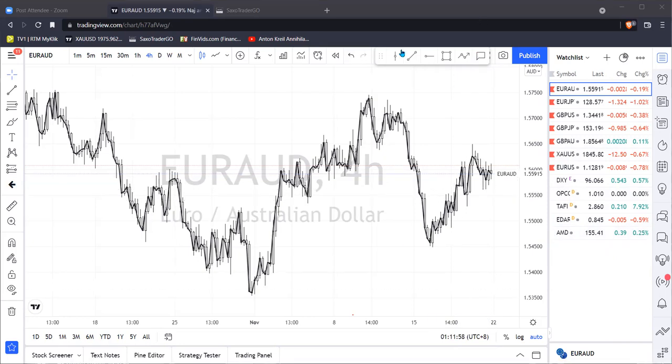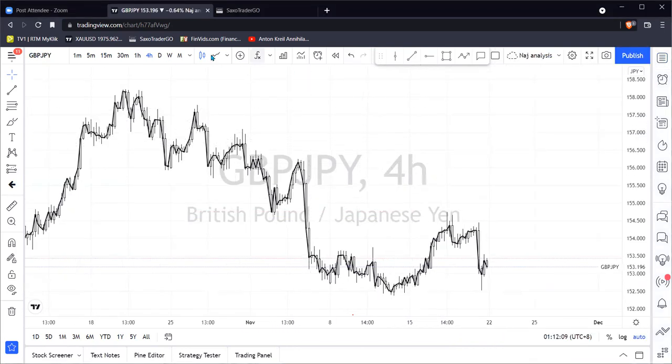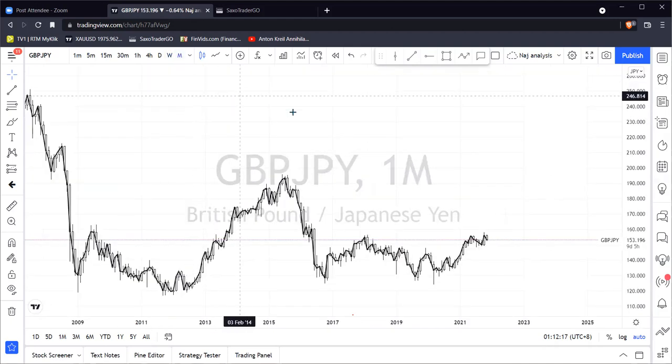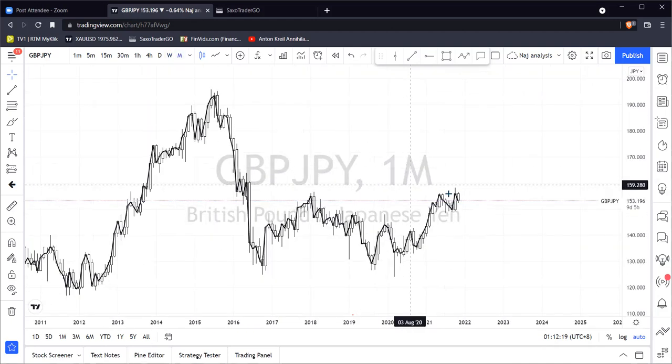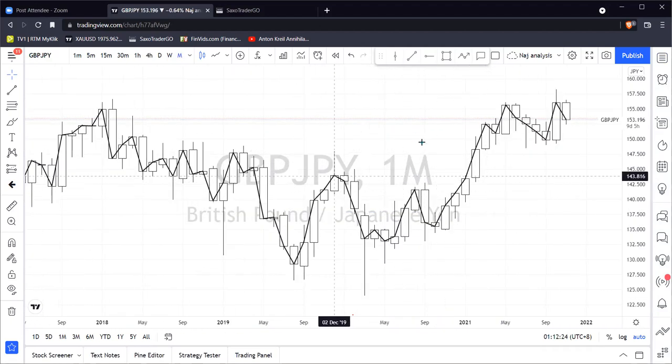Okay, I'll take a look at the annotate in a bit, but let's focus on this one first. Let's go ahead to GPY. So guys, what Hakim told yesterday is to look at a bigger time frame. This is just how I trade.